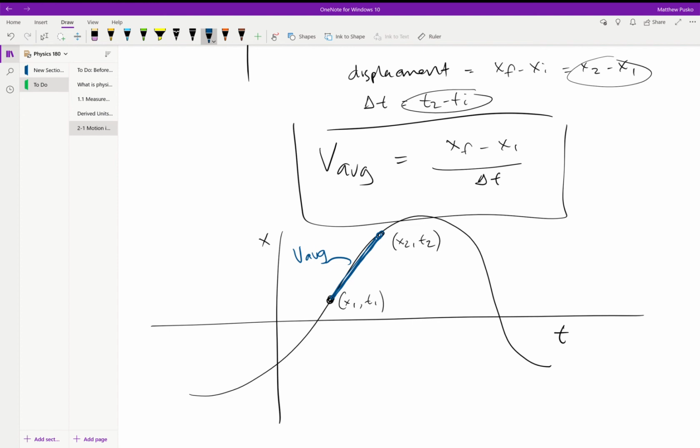If it happened to have, let's say we're looking at some x3 at t3 and some x4 at t4, and it gave us a negative slope. That's a negative velocity, or negative average velocity. In this case, we had a positive velocity because it was going up, positive slope.